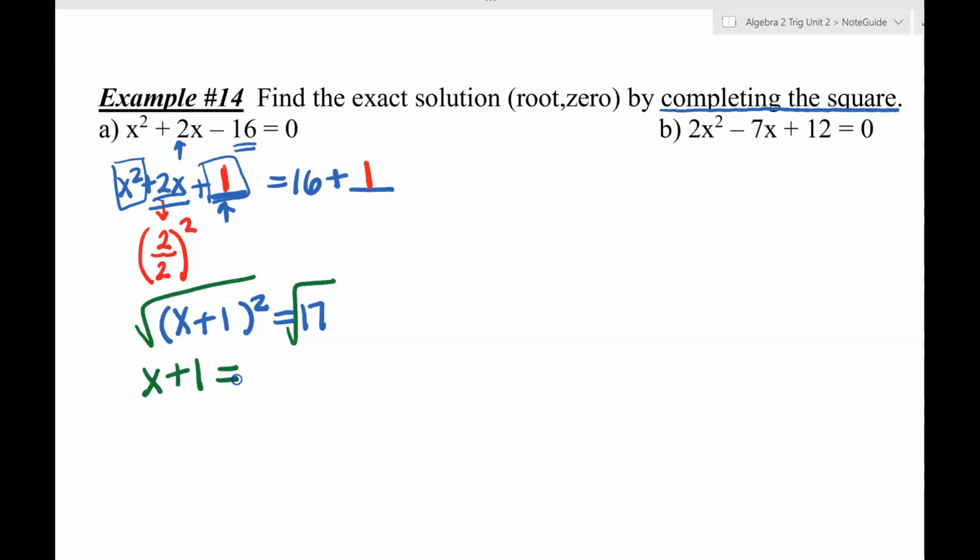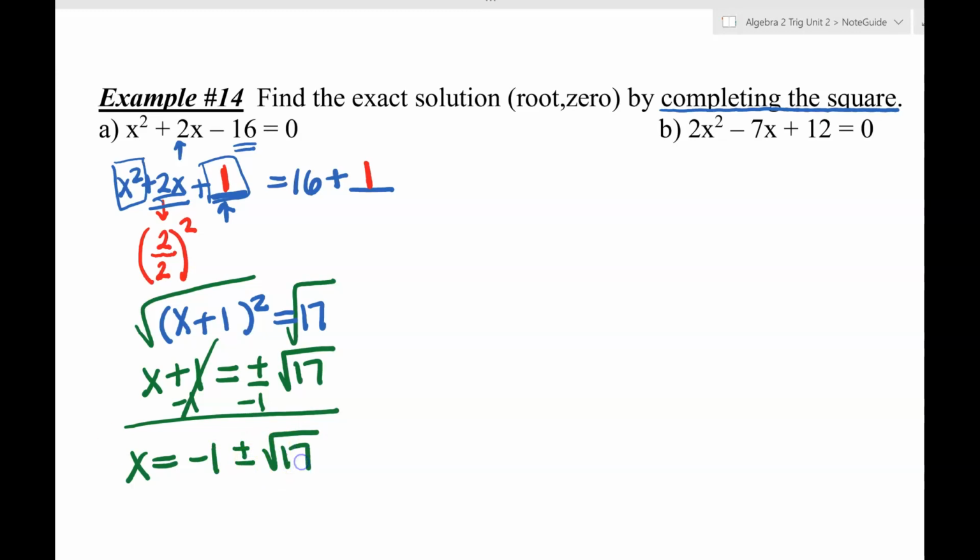So we would get x plus 1 on the left side and positive or negative square root of 17 on the right. We're going to subtract 1 from each of these, and we're going to get 2 x values that would solve this quadratic, -1 plus rad 17 or -1 minus rad 17.